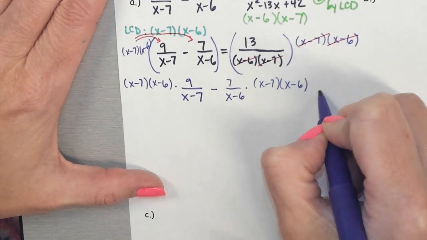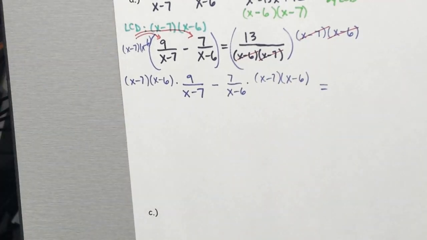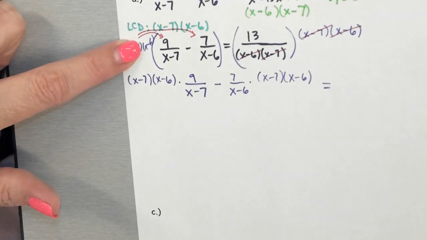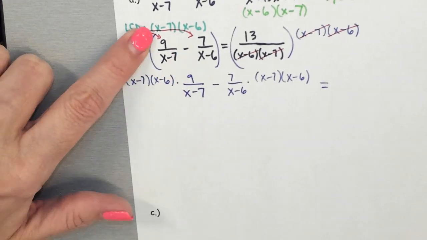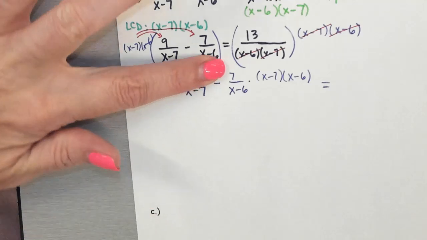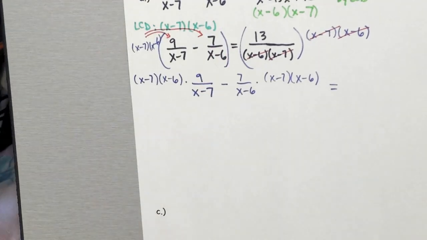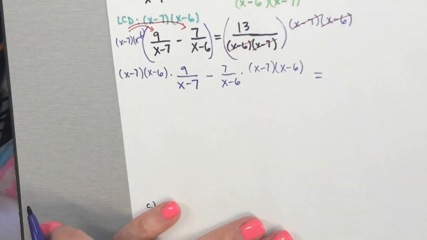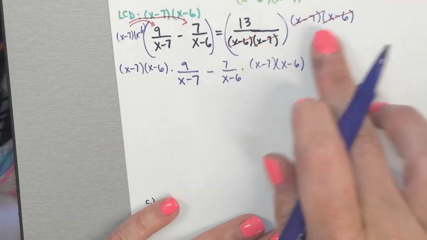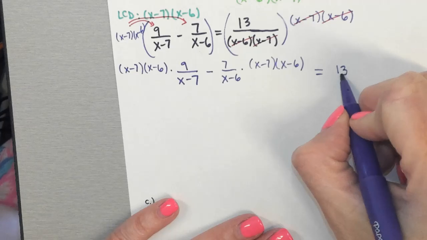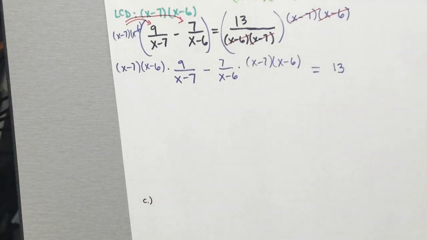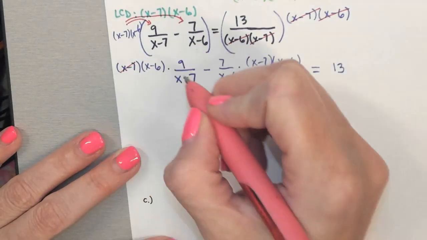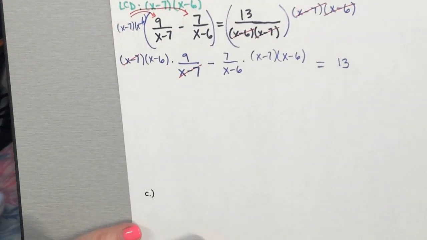What you don't want to do is cross out the x minus 7 with the x minus 7 and the x minus 6 and the x minus 6 and then just write 9 minus 7. That's not correct. Okay, so we're going to write it like this so we can cancel them out. If they do cancel, then you would just be left with 13 here. Okay, and now you can cancel out the x minus 7 with the x minus 7.